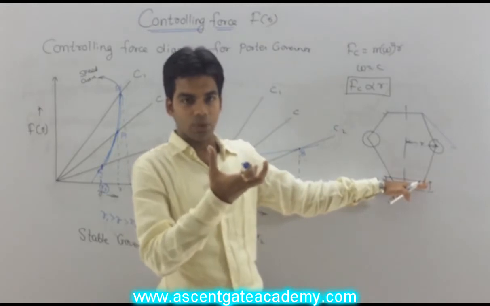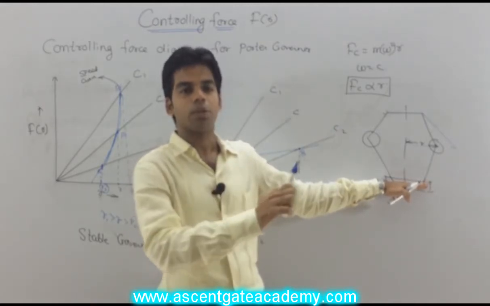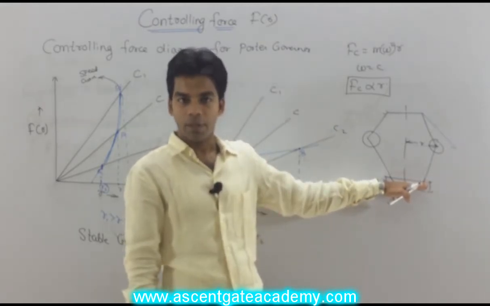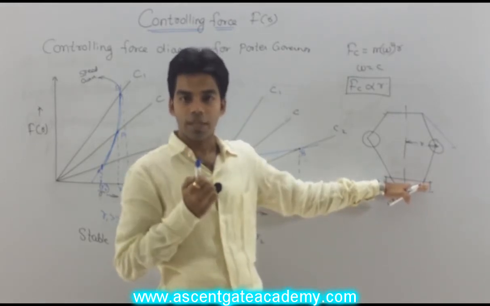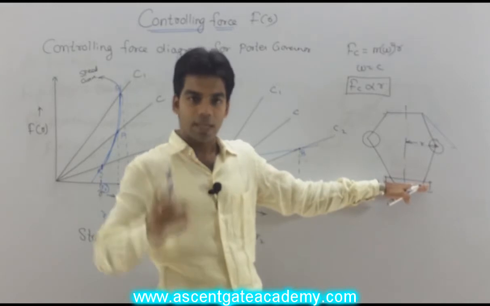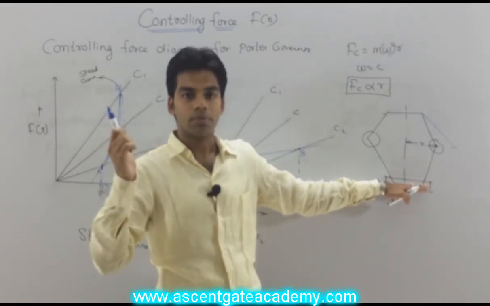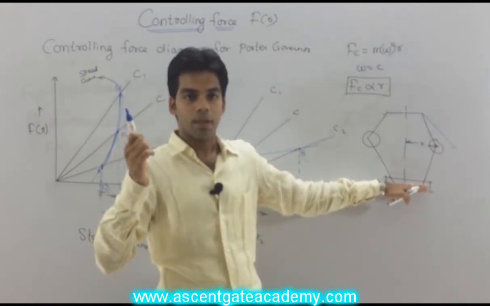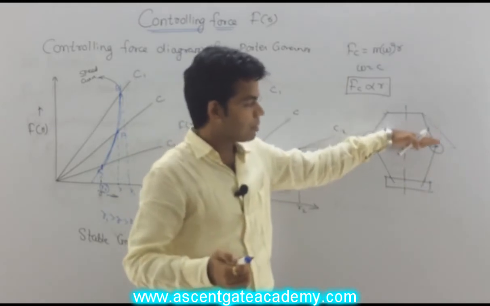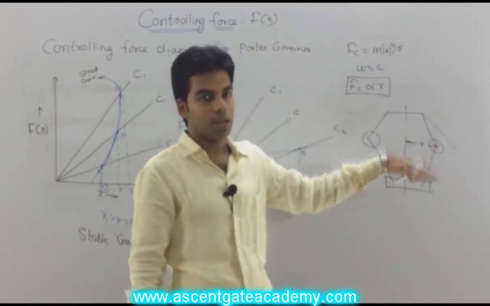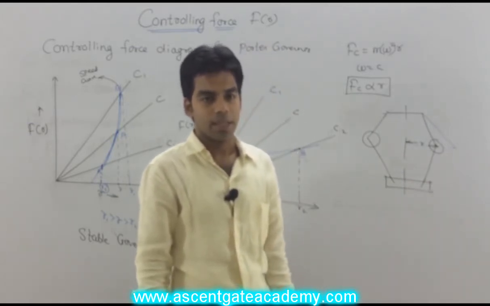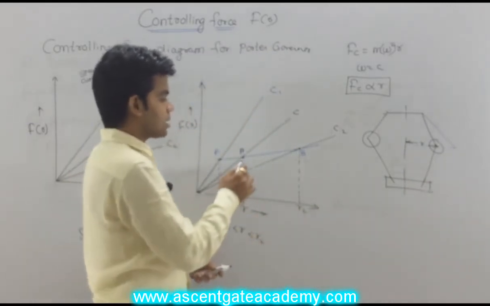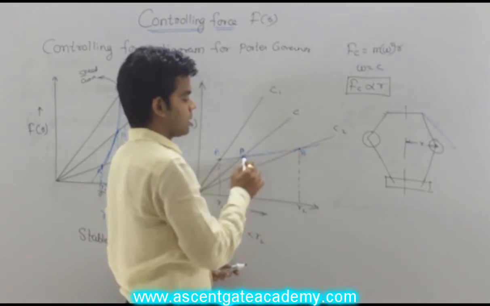When the sleeve is moving down, it will open the valve, and more fuel will rush inside, which will increase the speed more. As a result, this radius will further decrease and the sleeve will come down, and the process continues.